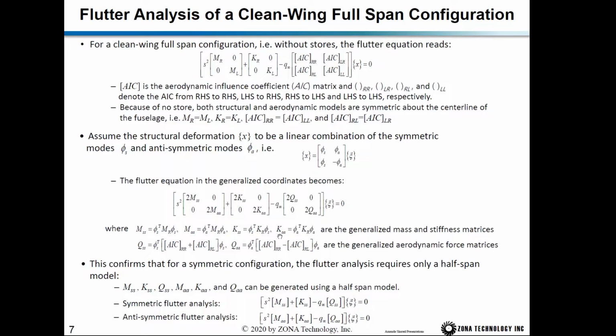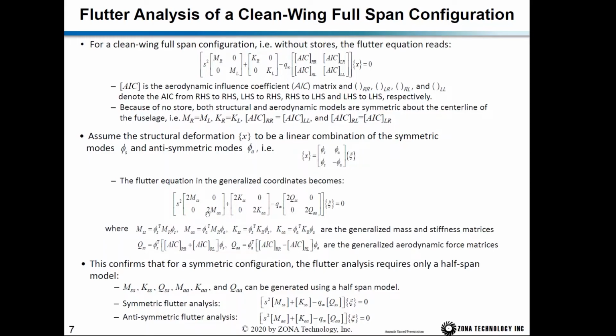This is the anti-symmetric generalized stiffness matrix, and the QSS is generated by pre- and post-multiplying this matrix by the symmetric mode, where AIC RR plus AIC RL is called the symmetric AIC matrix, and this is called the anti-symmetric AIC matrix.